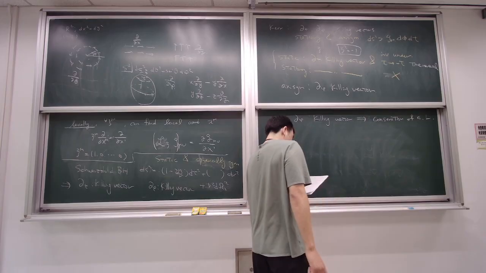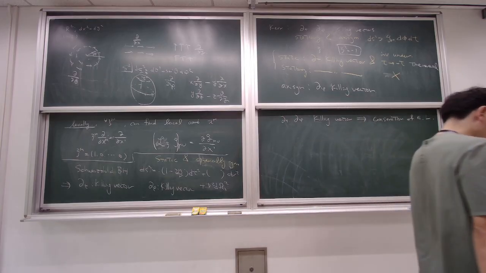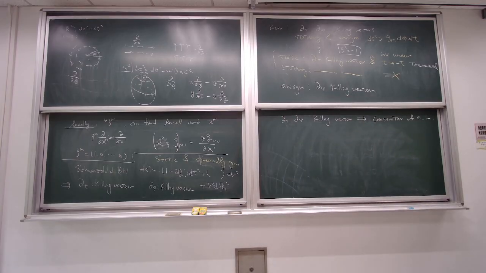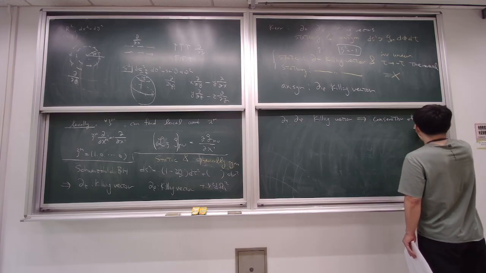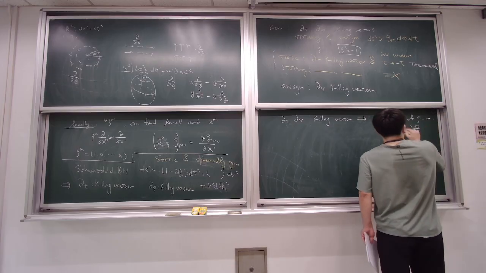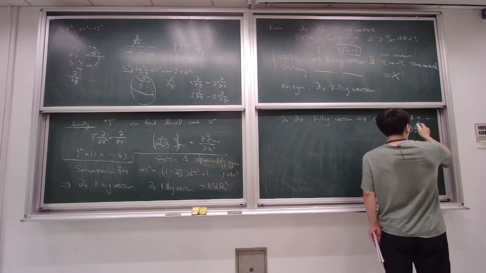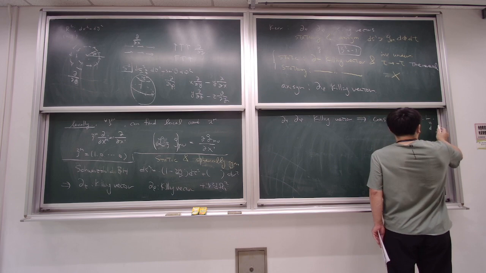Let's derive a bit more formally for this one. In both Schwarzschild and so on, we know that epsilon is something like dt d tau, appropriately normalized.